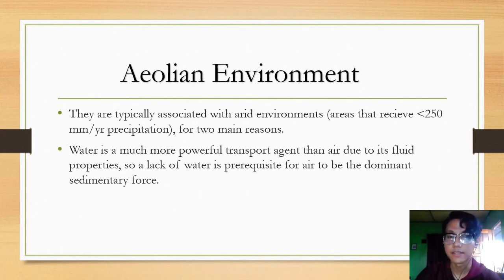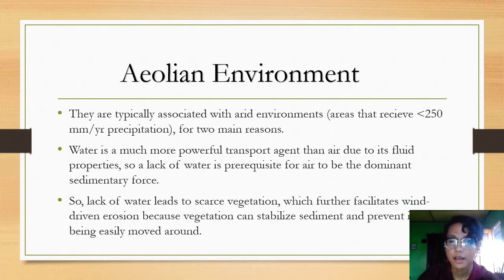The first is that water is a much more powerful transport agent than air due to its fluid properties, so a lack of water is a prerequisite for air to be the dominant sedimentary force. The second is that a lack of water leads to scarce vegetation, which further facilitates wind-driven erosion because vegetation can stabilize sediment and prevent it from being easily moved around.